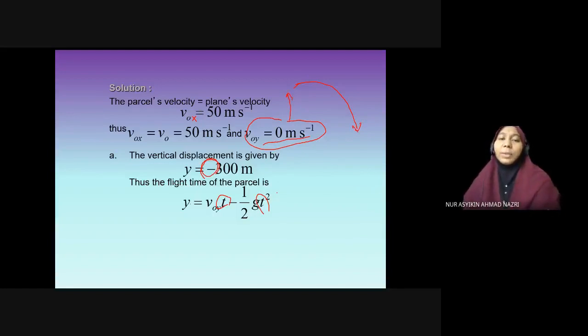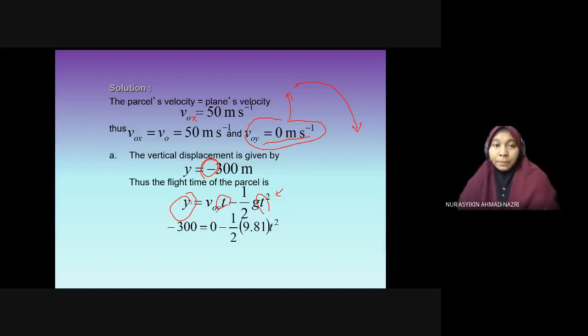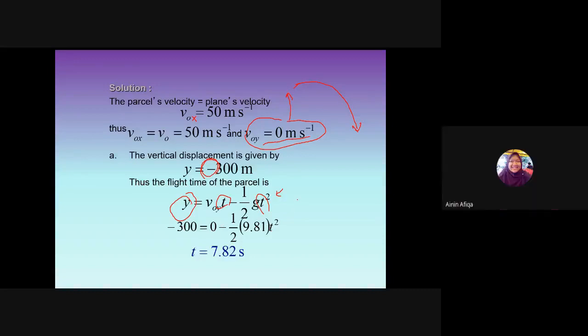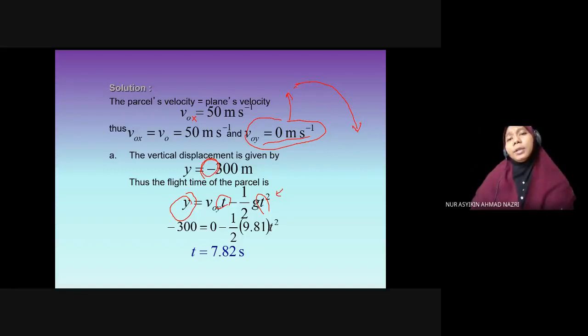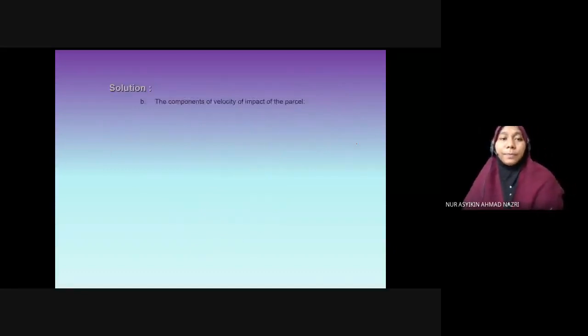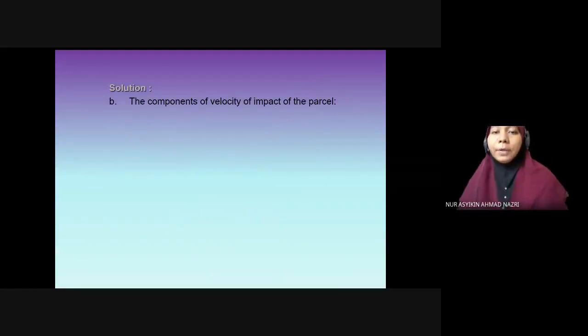Okay, so kita terpaksa lah juga guna equation yang ni, sebab kita ada information on displacement here, the height. Okay. So your height here negative 300 and then T here, so we get 7.82 second untuk the flight dari sini ke sini. Boleh?